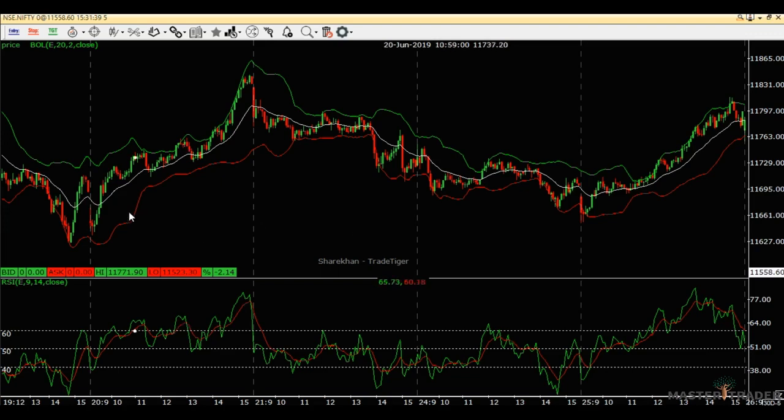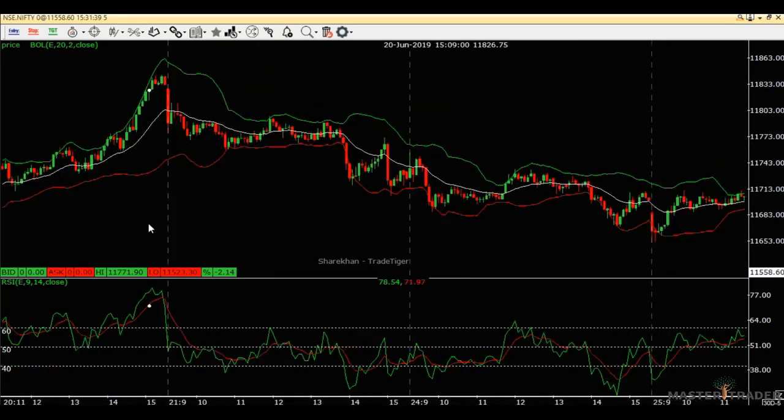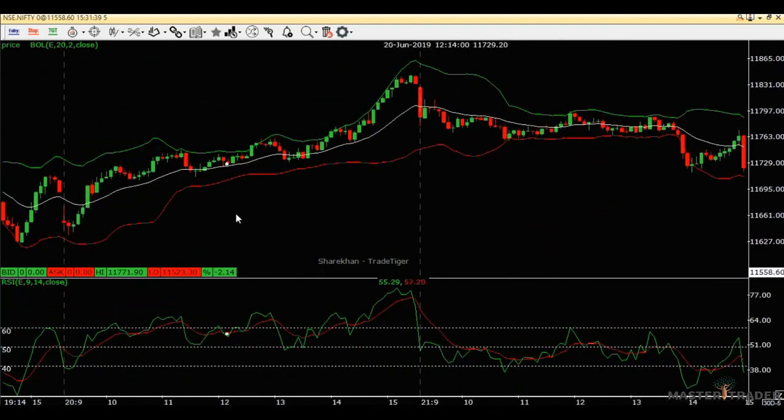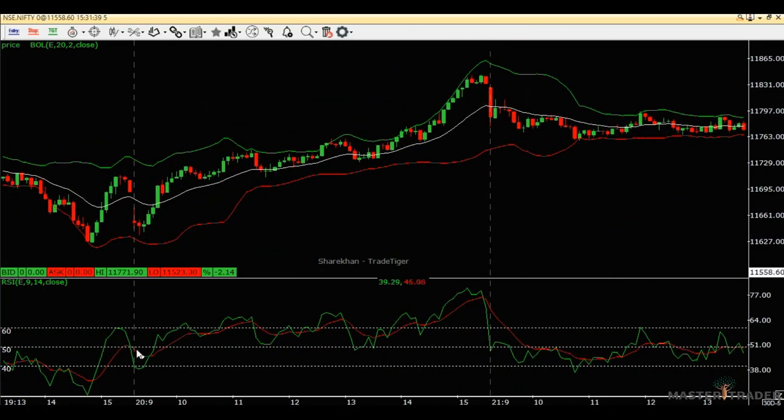So let's just start off randomly. I can start on this day, 20th June. So this is the opening candle here. As of now we're not really getting any signal.